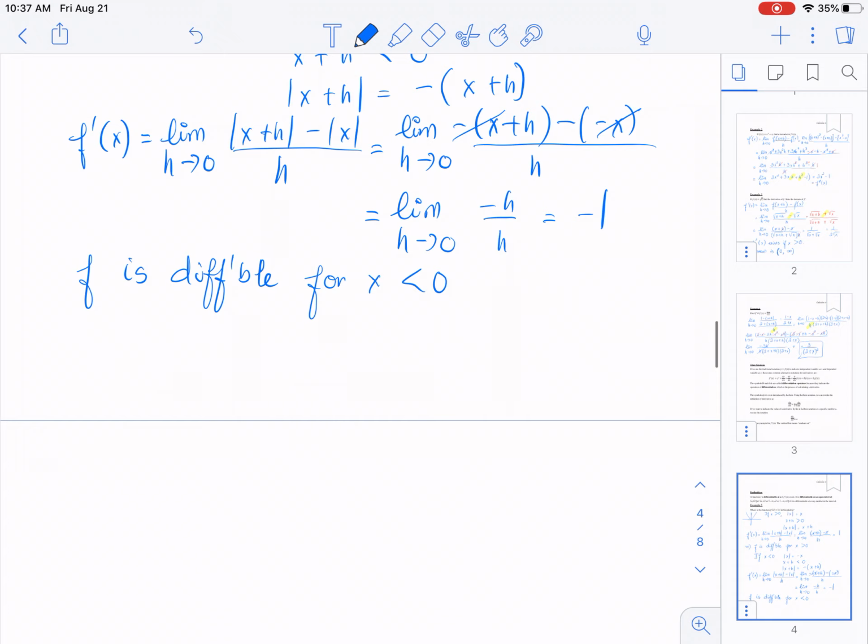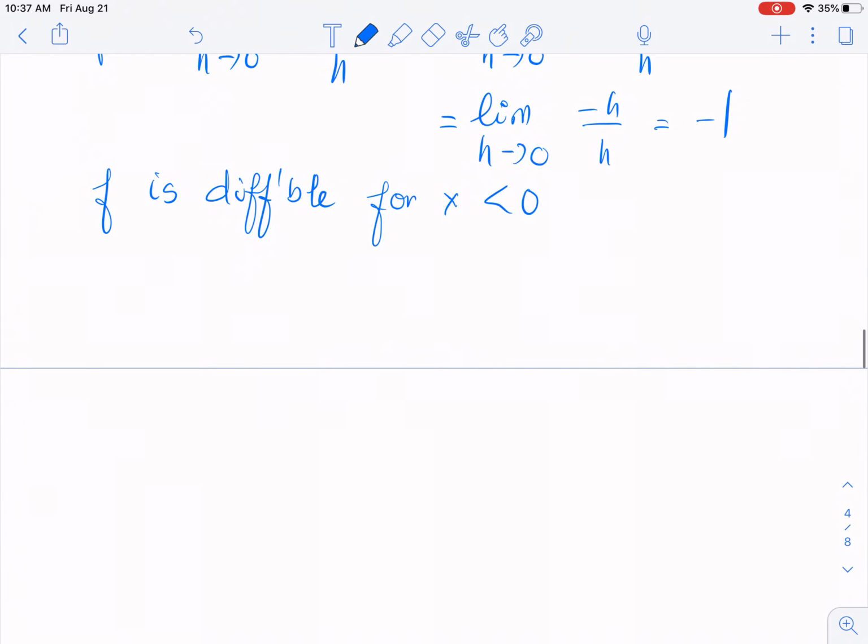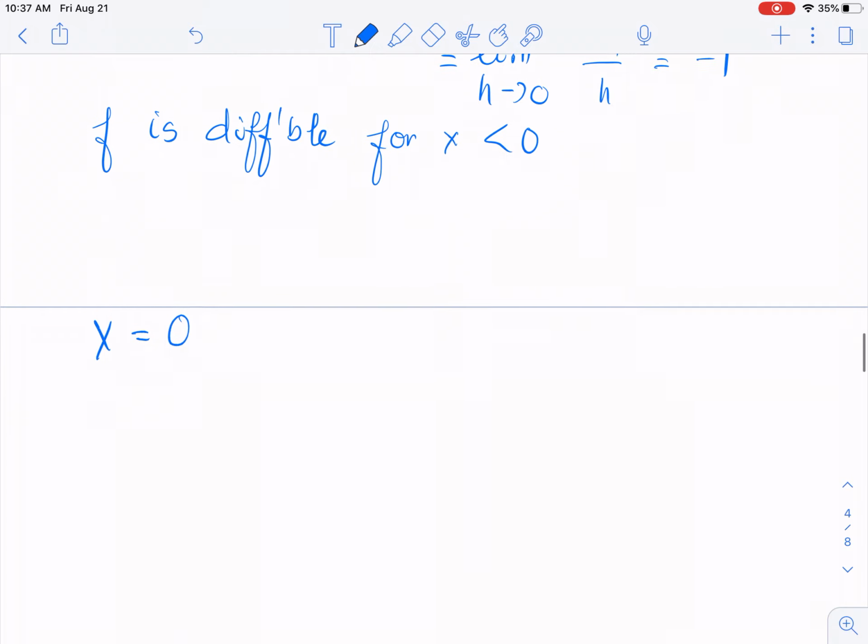So let's check when x equals 0. Once again, I'm going to take the derivative.